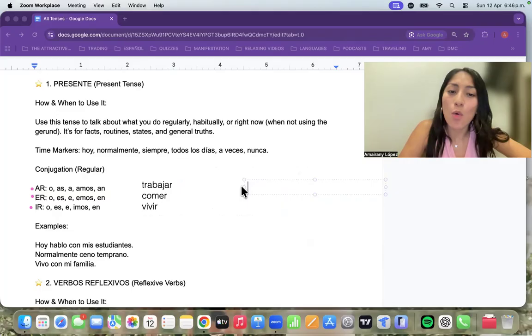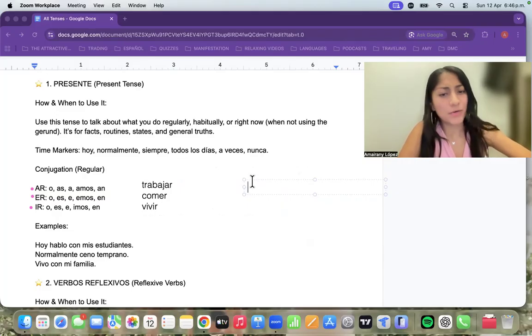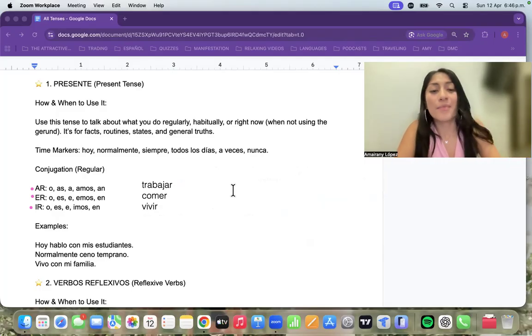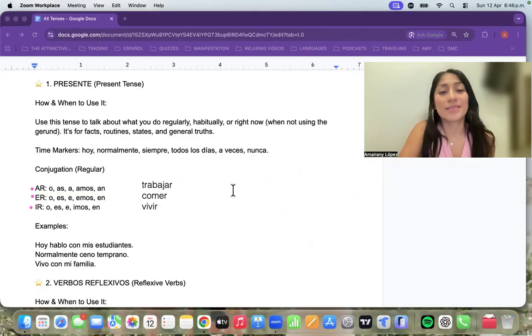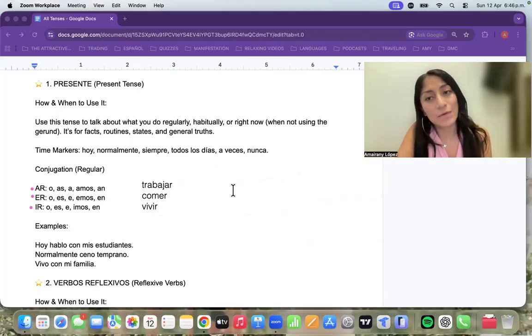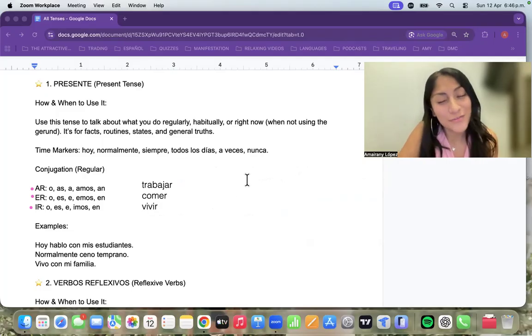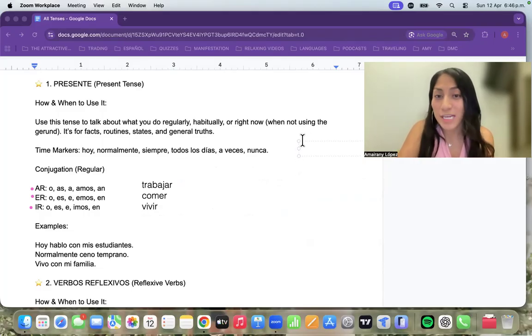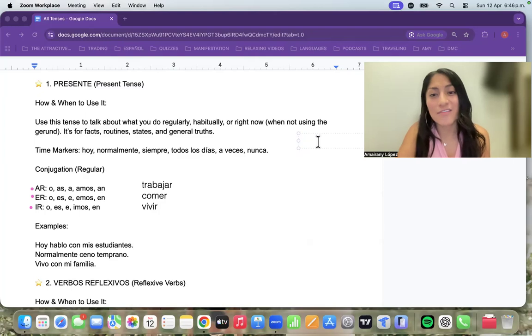Now you might ask me, how am I going to know which one is ar, er, or ir? Well, there is no way for us to know exactly which verb is going to end in which way. However, you should know that most verbs in Spanish end with ar. I would dare to say around 60% of them. And there are really cool things that will give you access to many of them through the language you are already speaking, which is English.